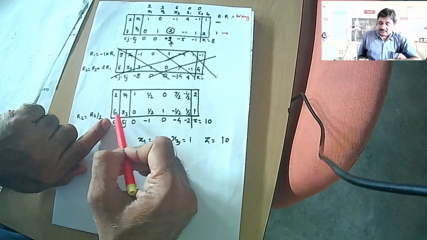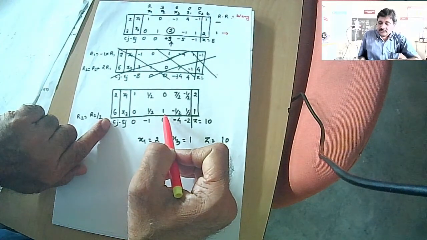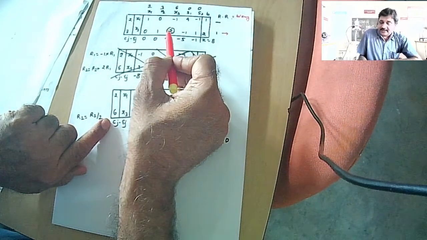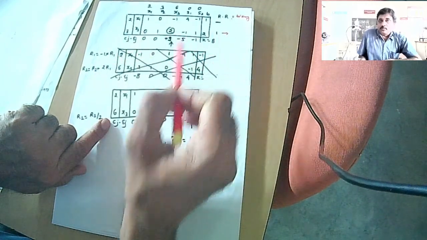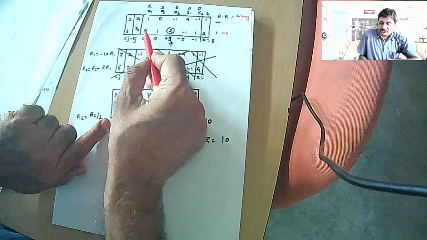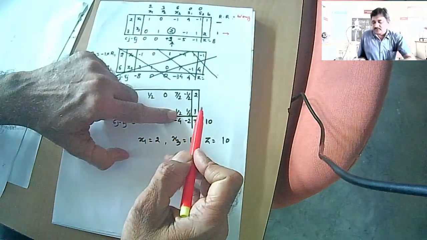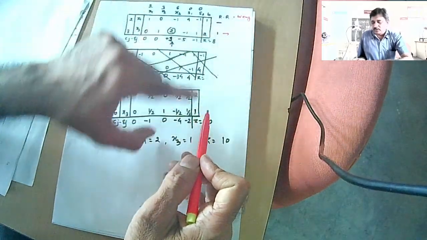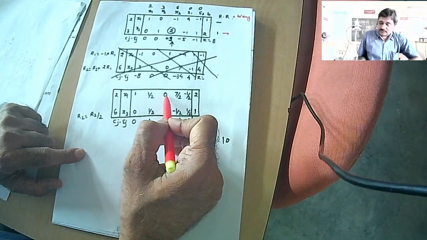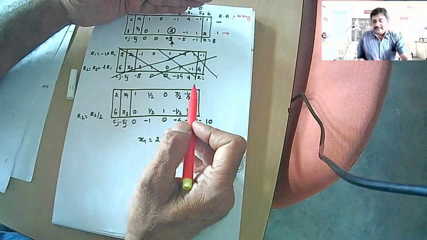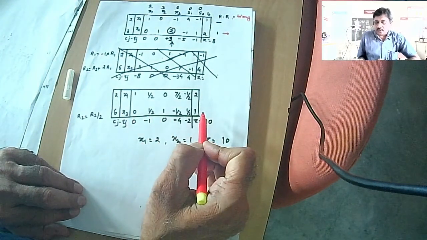Alright. Now x3 column, you have to make 0, 1. Okay. So first of all, you will be making this to 1. You will be dividing the whole row by 2. So this becomes 0, then 1 by 2, then 2 by 2 is 1, then minus 1 by 2, plus 1 by 2, and 2 by 2 is 1. Now that you have got this row, you have to get 0 here. So you can get 0 here directly by sum of this and this row.